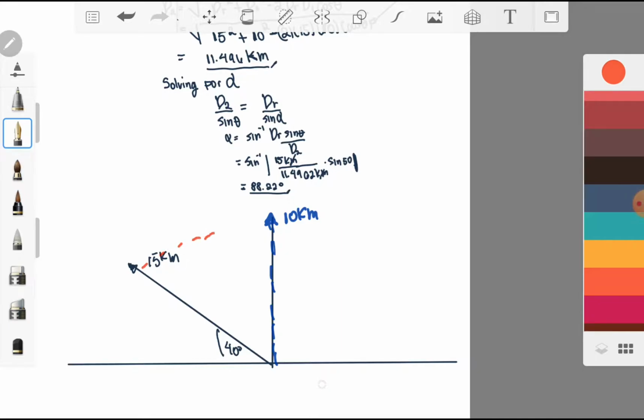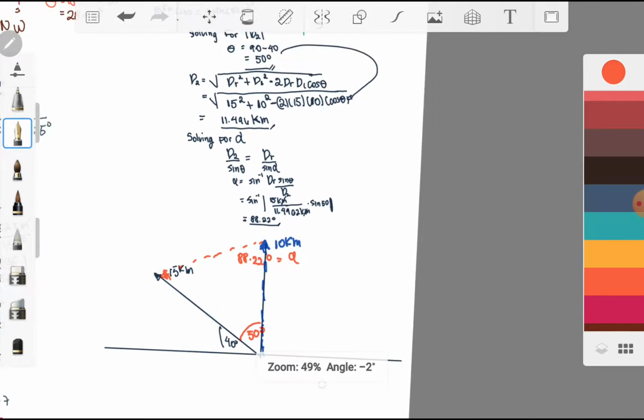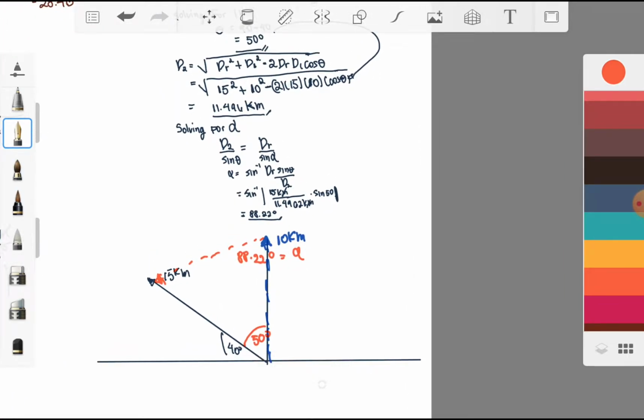You can see that it is lesser than 90 degrees based on the calculated alpha. So this is 88.22 degrees, which is equal to your alpha. And, of course, this is your 50 degrees. So, what would be the direction of your D2?